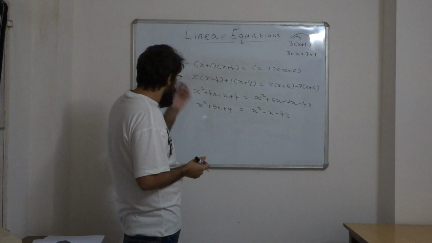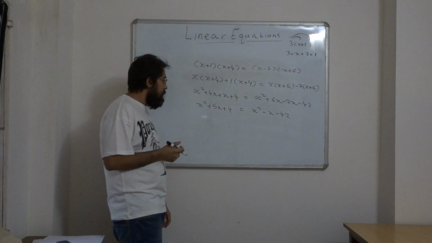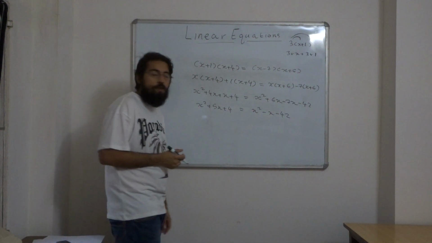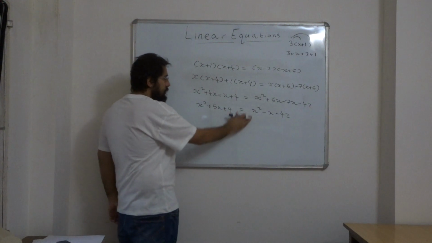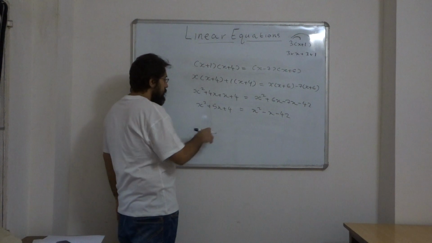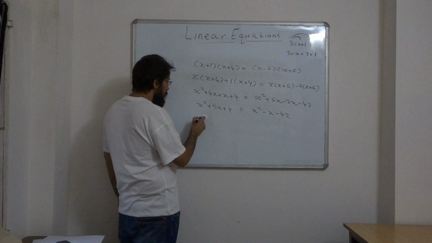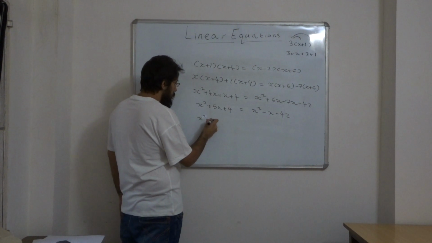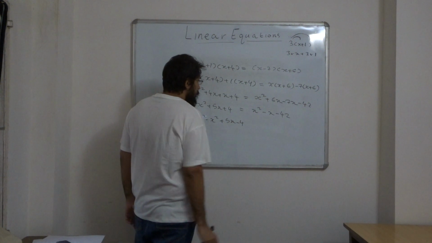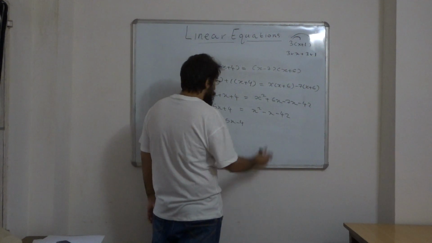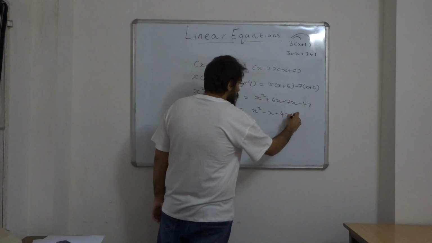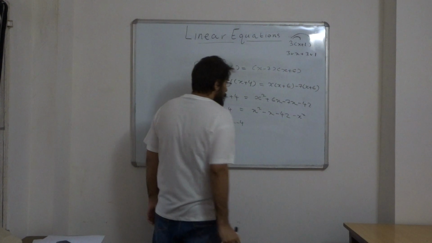So now what do you do, guys? Now what do you do? This is the part where most of you would struggle. So remember, guys, there's nothing in front of the x squared here. So it's negative. So when this negative x squared comes on this side, it's going to cancel out because you're going to have negative x squared minus negative x squared plus 5x plus 4. And obviously there's going to be a negative x squared here as well. Okay, let's just write it.